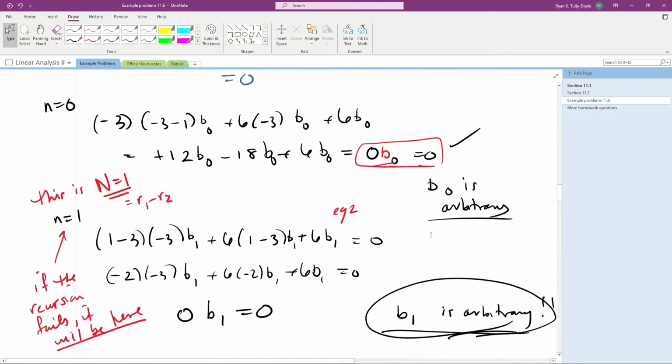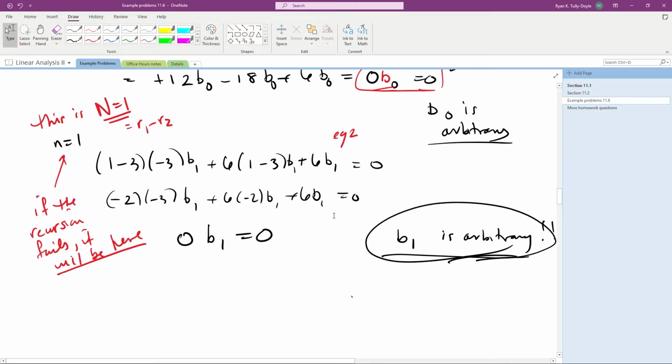What happens? Well, you end up with the equation 0 times b1 is equal to 0. And that means that b1 is also arbitrary. b1 is not 0. b1 could be anything, because 0 times b1 equals 0 is an equation that always has a solution for every value of b1.